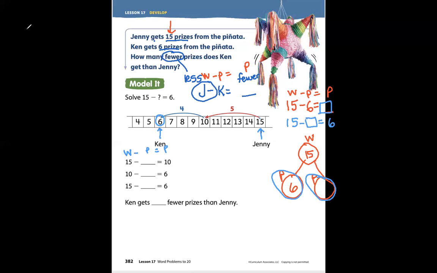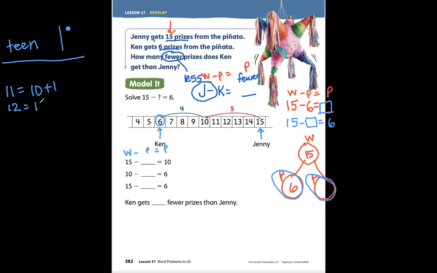Well, let's remind ourselves of our teen numbers. Okay, our teen numbers are made of one group of 10 and at least one 1, all the way up to 1 ten and 9 ones. So 11 equals 10 plus 1.